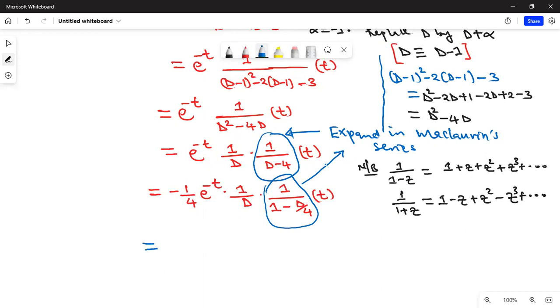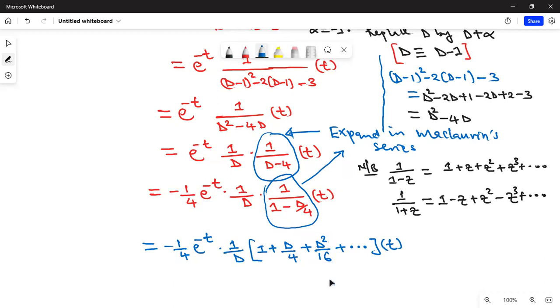So when you expand, you're going to get -1 over 4 exponential -t, 1 over D. Then here we'll have 1 plus D over 4, plus D squared over 16, plus so many other terms, which will operate on the variable t, the polynomial t.